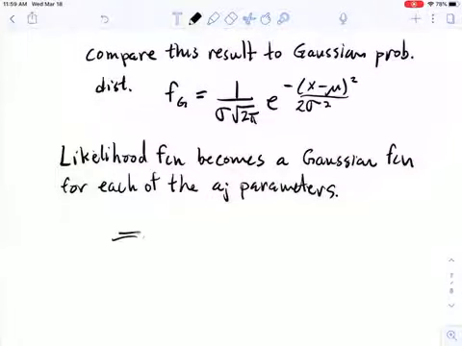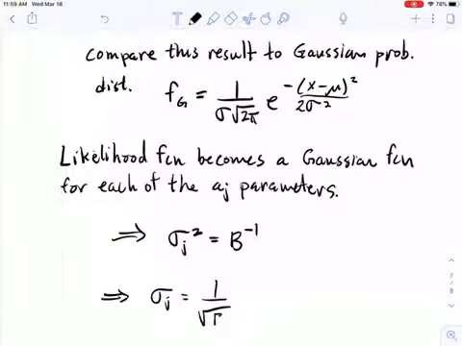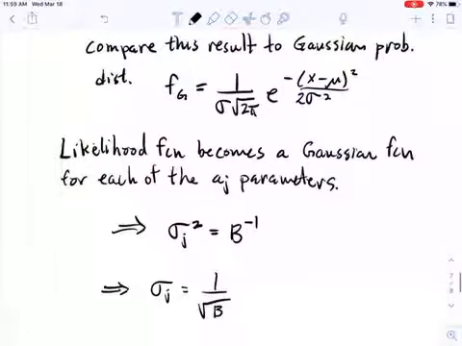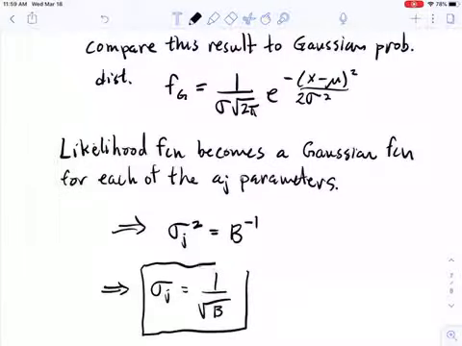Okay, in particular, the important result is that sigma j squared is equal to the b inverse, or sigma j taking the square root is 1 over the square root of b. And so that's something close to what we guessed.